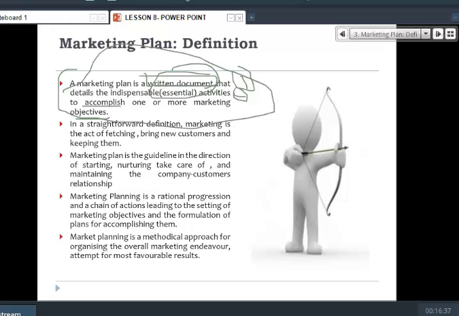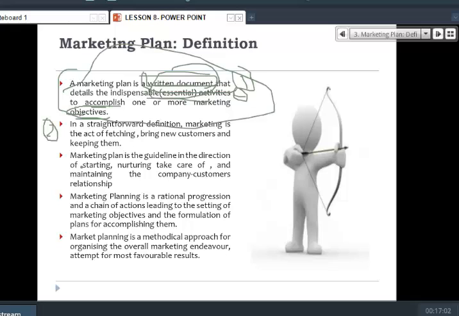The first one is quite comprehensive. It focuses on the whole points: it has the definition, the key points, the objectives, everything. The second one is more about the purpose of having or setting a marketing plan.